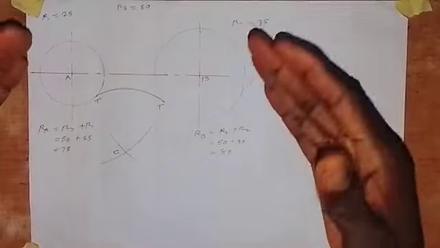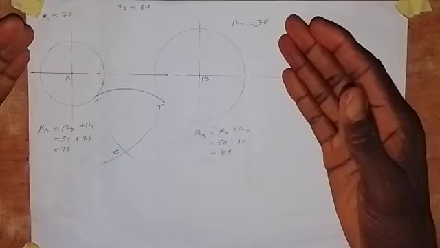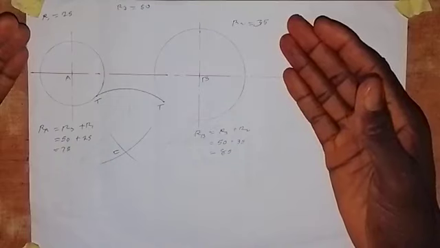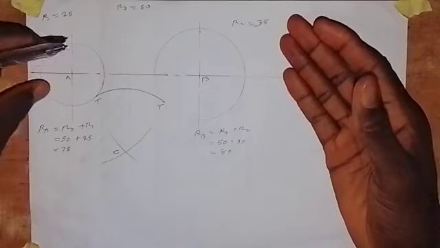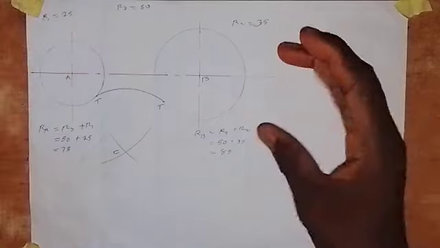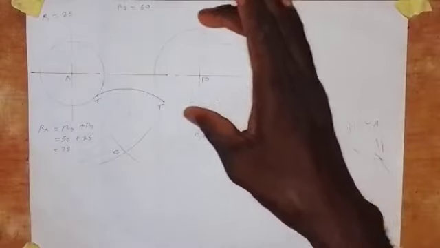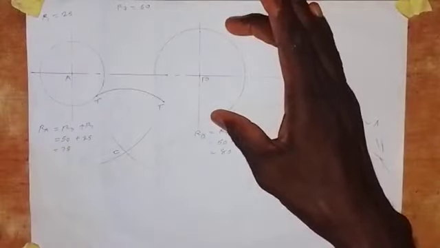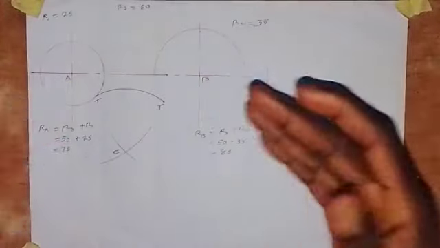The radius of this circle is 25 millimeters, the radius of this circle is 35 millimeters, and the center distance is 100 millimeters.